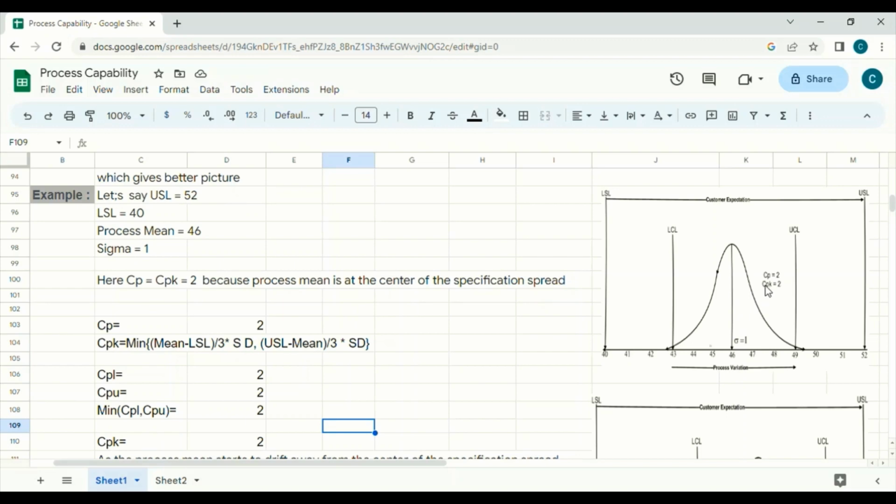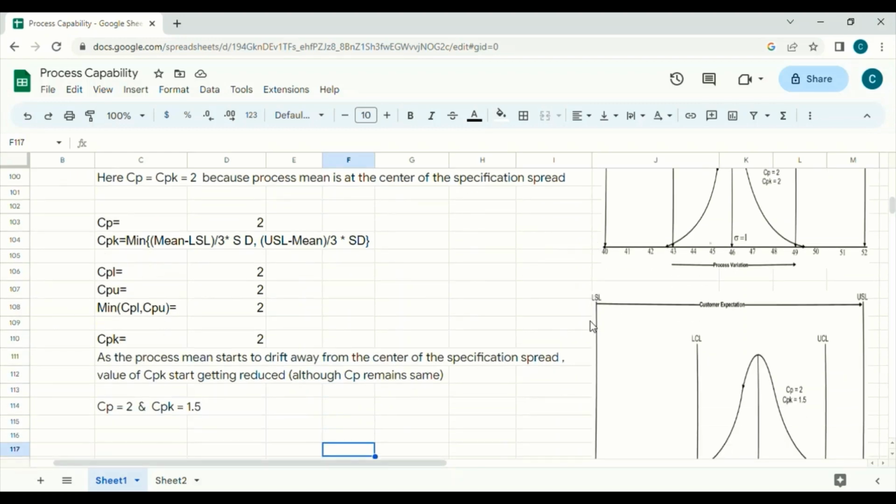So here also you can see both the values are 2. That means this process is capable and meeting the customer's requirement and producing fewer defects.